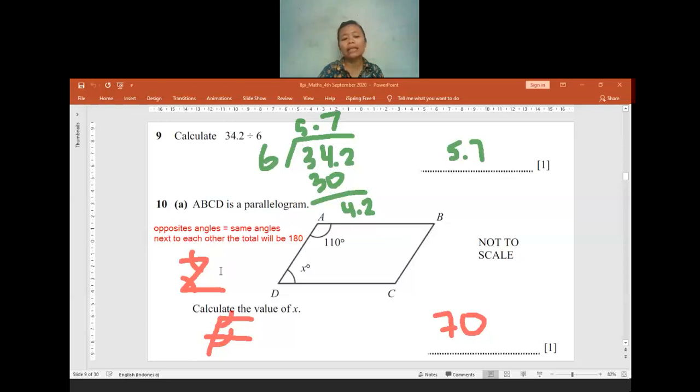This is what we call corresponding angles. Later we will study this in grade 8. In grade 7, we have already done it.